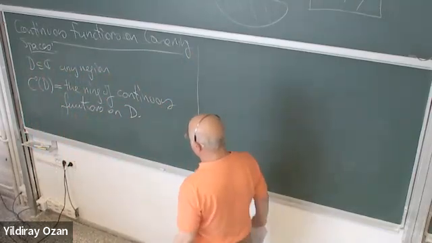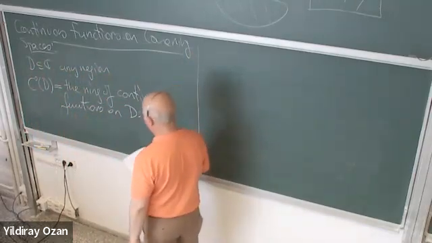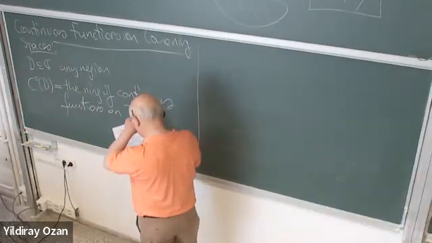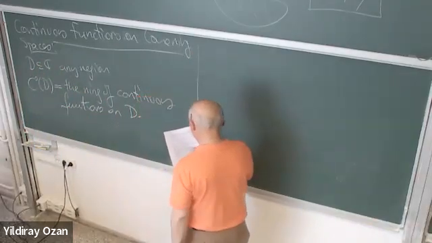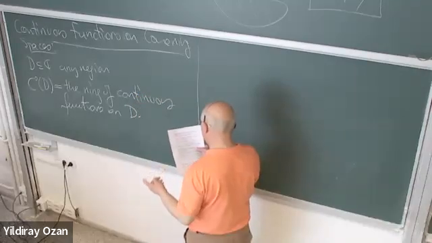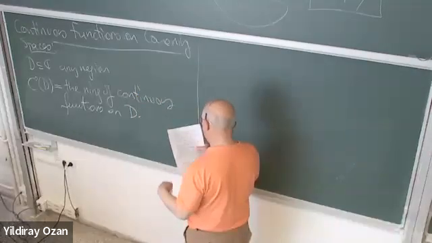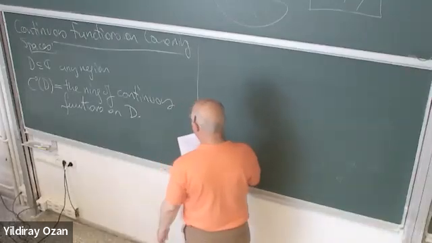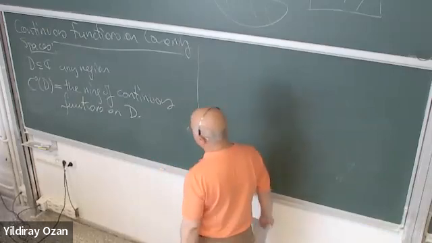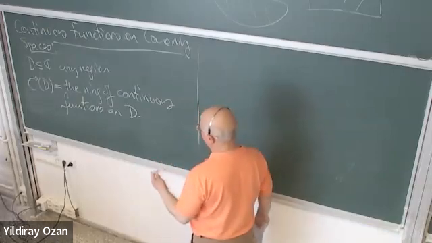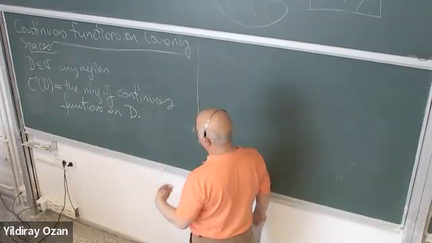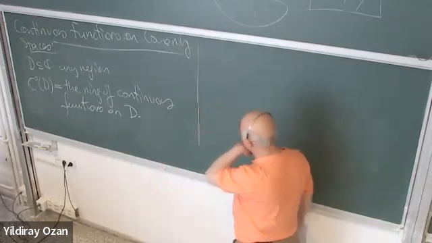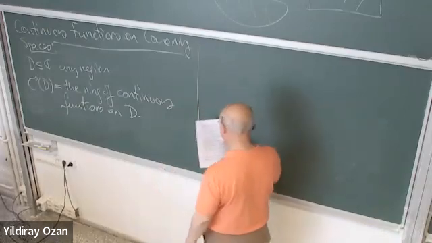It's a ring, so we can talk about addition, multiplication, and even ratio of functions. But there you have to be careful. A function shouldn't have any zero if it is in the denominator.